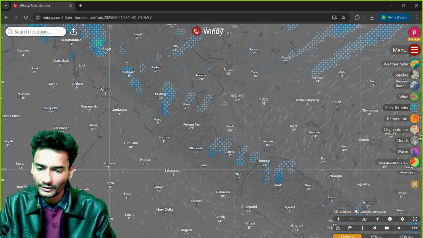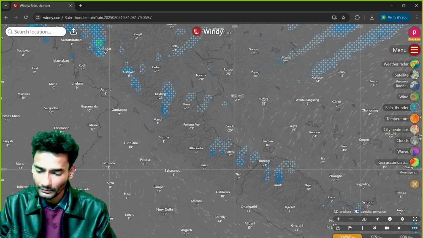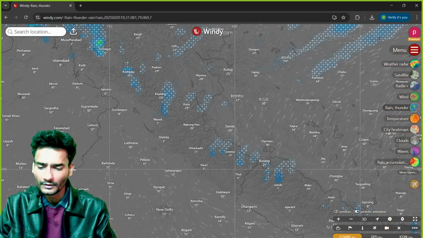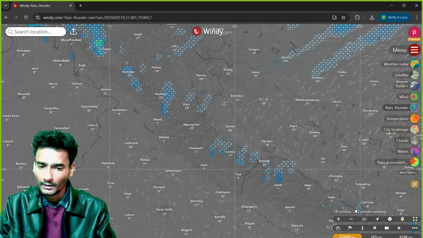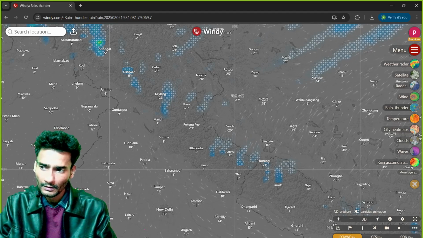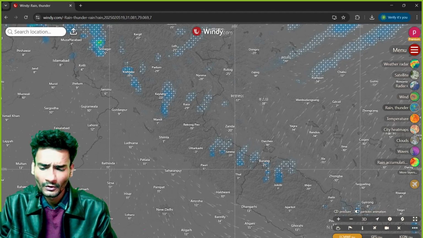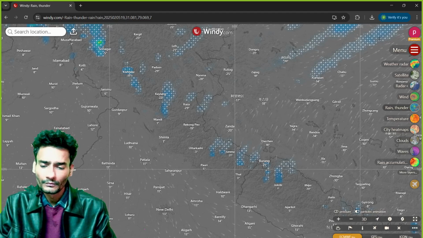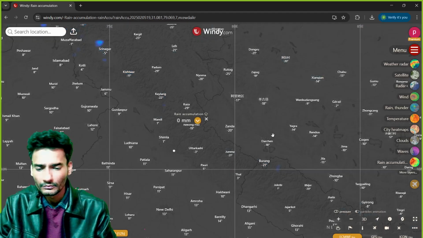Even Jammu and Kashmir will receive very little rainfall after the 5th. So up to the afternoon of 5 February, a significant amount of rainfall is expected. The peak rainfall day will be tomorrow, and from the morning or afternoon of the 5th, there will not be any significant activity left. So we can expect most of the rainfall to be confined to the next 24 to 36 hours.